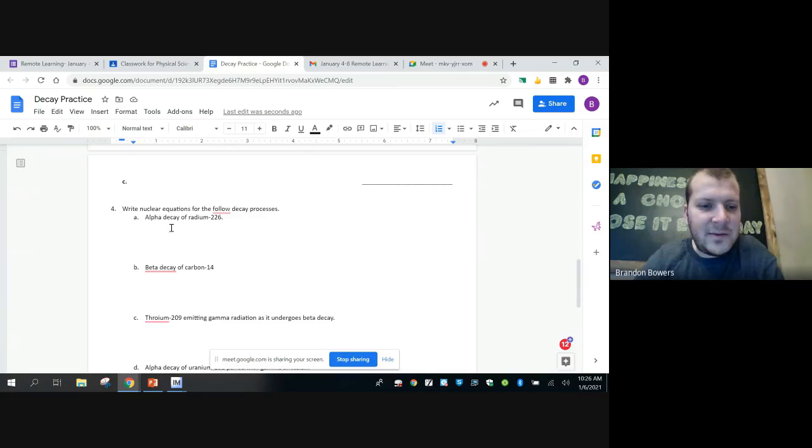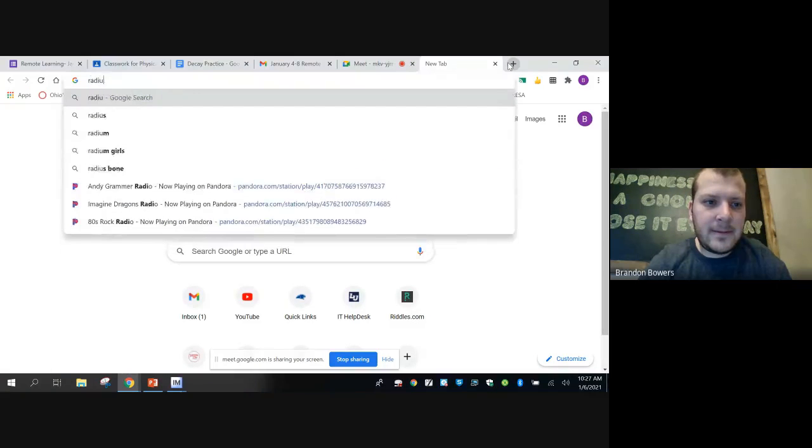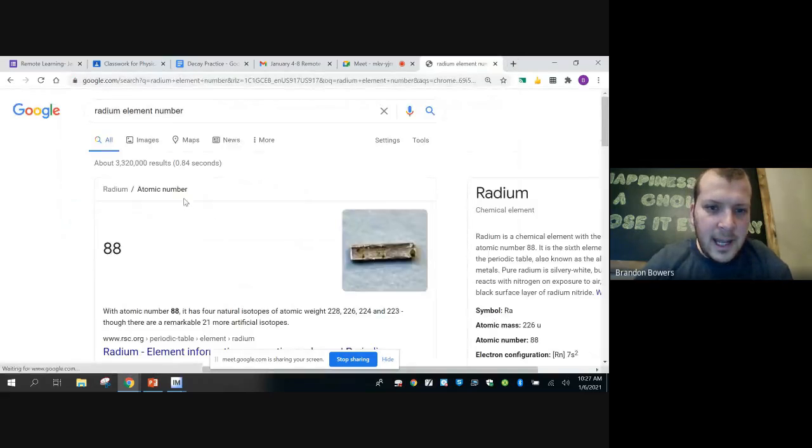Alpha decay. Write the nuclear equations. When you get down to number 4, write the nuclear equations for the following decay processes. Alpha decay of radium-226. So you know you have 226. What element number is radium? I might have to look that up. It's 88.